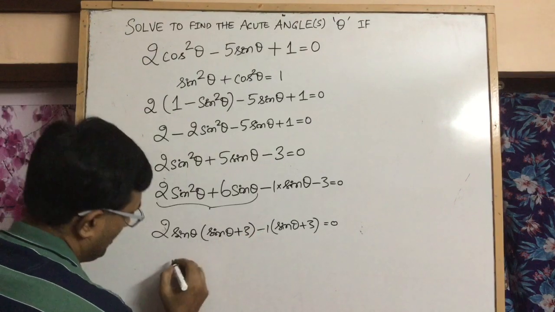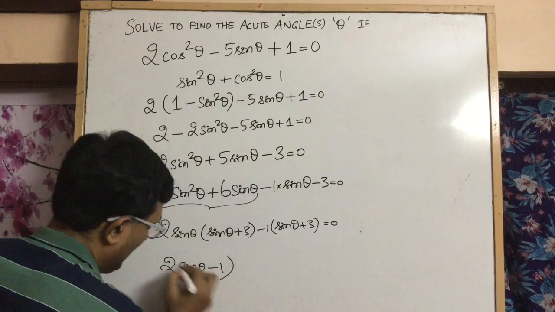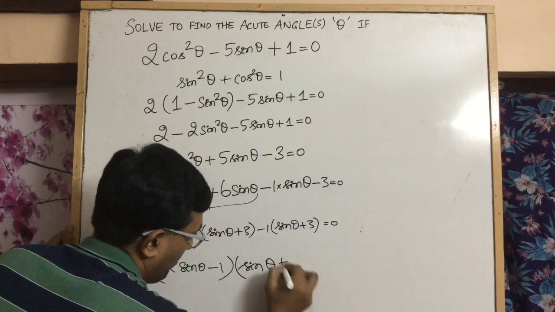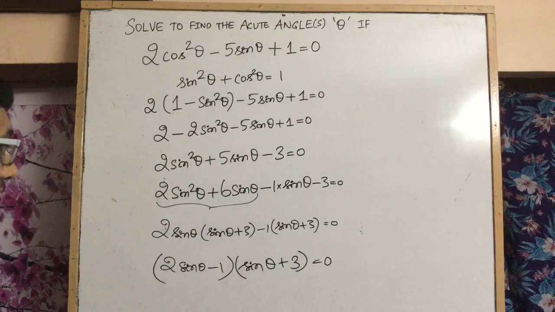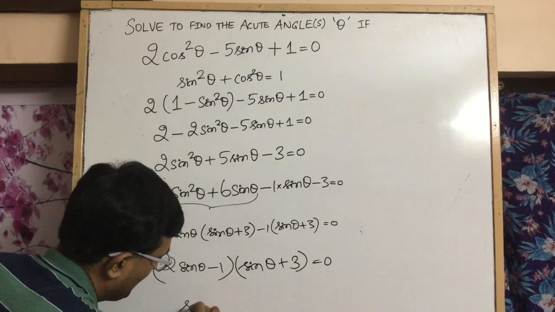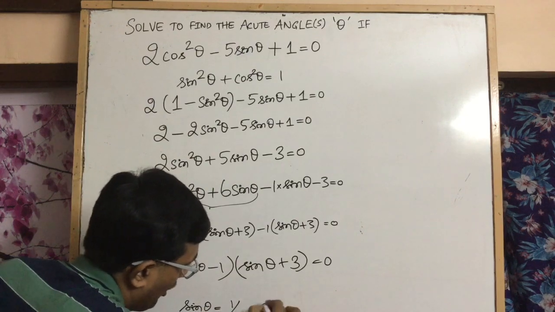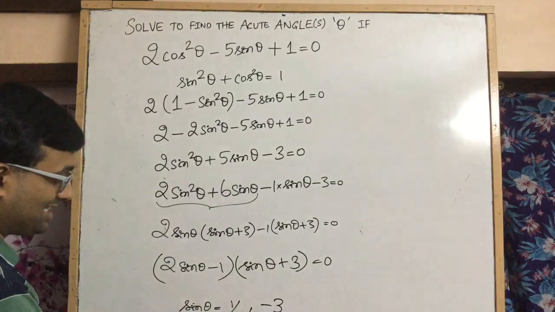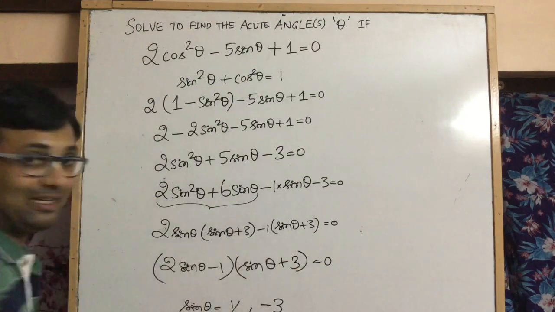Or in other words, 2 sin theta minus 1 times sin theta plus 3 should be equal to 0. Right? Or in other words, sin theta is either half or minus 3, because 2 sin theta minus 1 is equal to 0 would mean that sin theta is equal to half. This would mean that sin theta has to be minus 3.